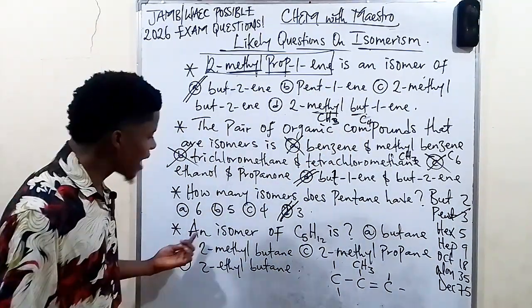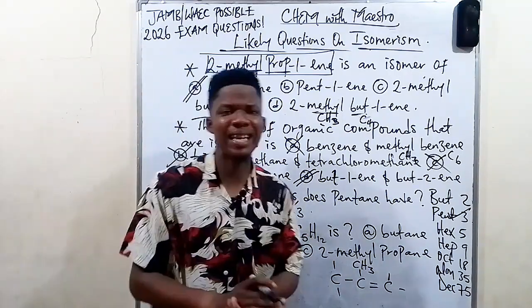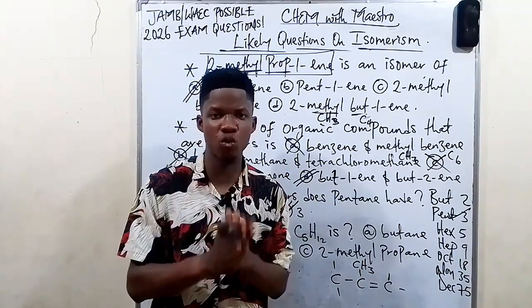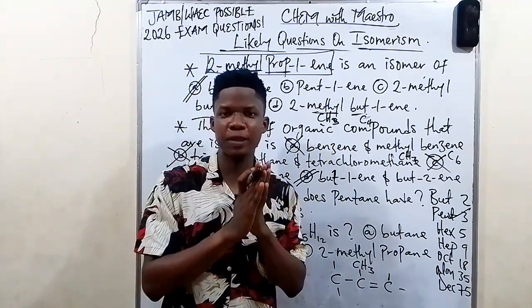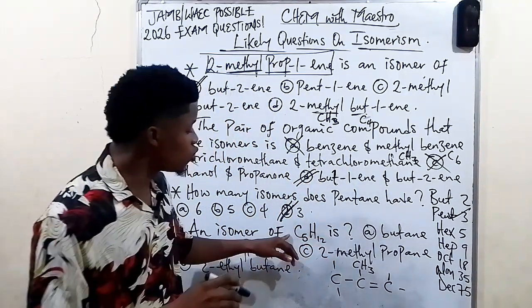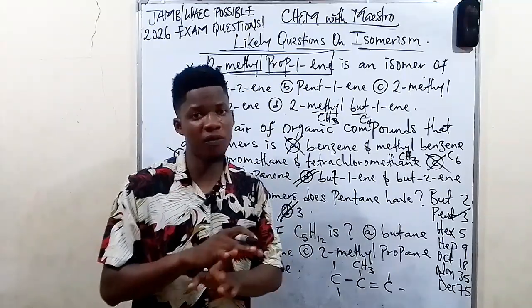Then lastly, an isomer of C5H12. Now what is C5H12? C5H12 is an alkane known as pentane. So you don't need to focus on the hydrogen, just focus on the number of carbons.